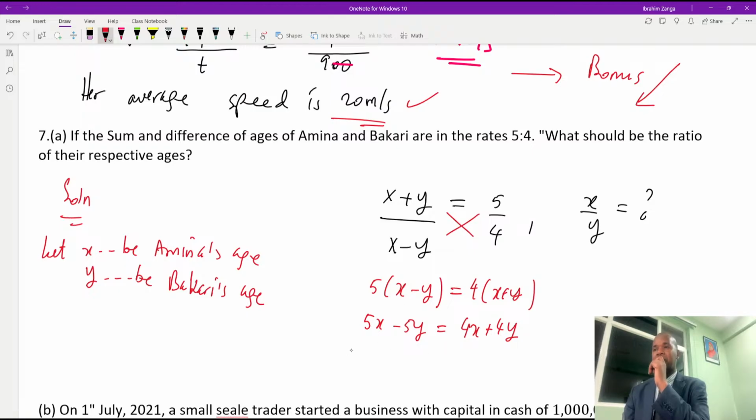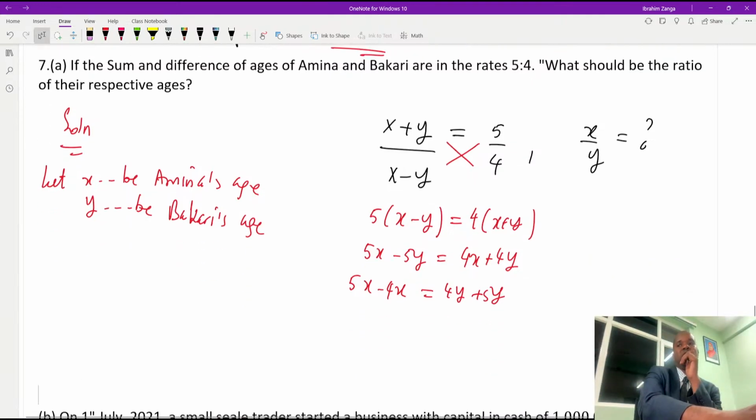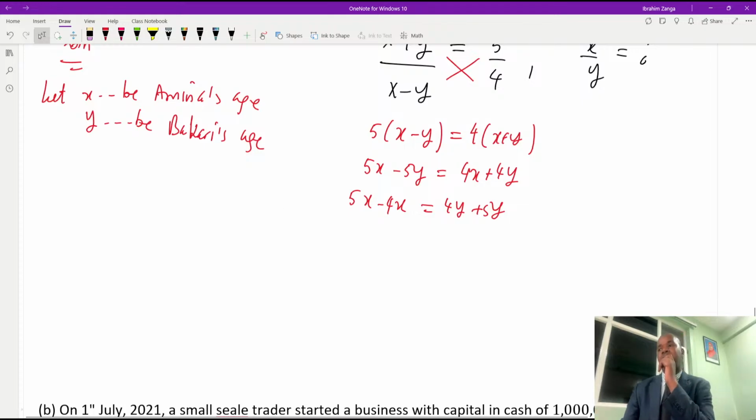Collecting like terms, we have 5x minus 4x equals 4y plus 5y. When you continue with calculations, you see that on this side we have x equals 9y, and we're looking for x over y, so x over y will be equal to 9.